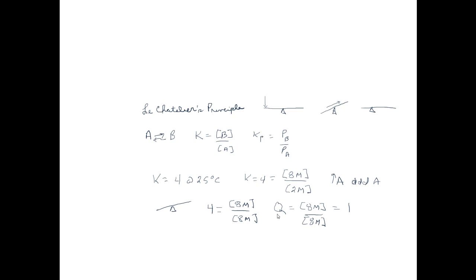Now when we compare Q to the equilibrium constant K, which is 4, we see that Q, the reaction quotient, is less than K. K being 4, Q being 1. So when Q is less than K, the reaction will always move in a forward direction. So we say forward. You also hear the word to the right, or to the products.